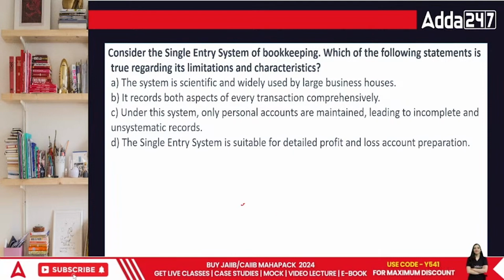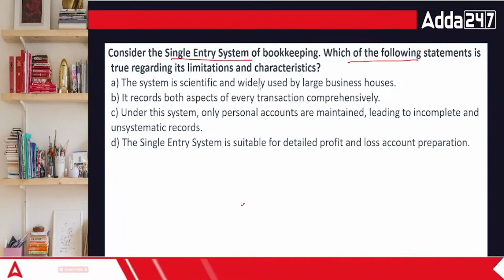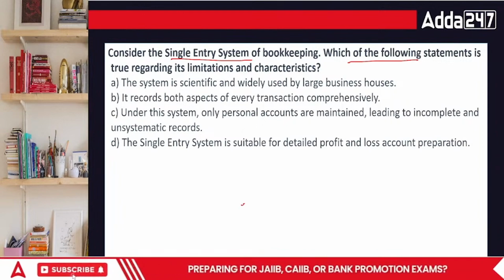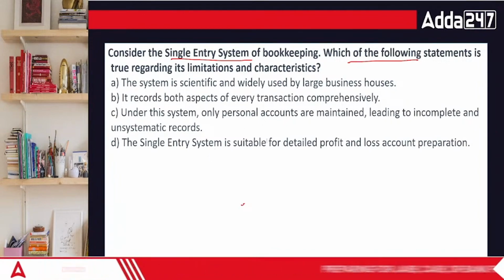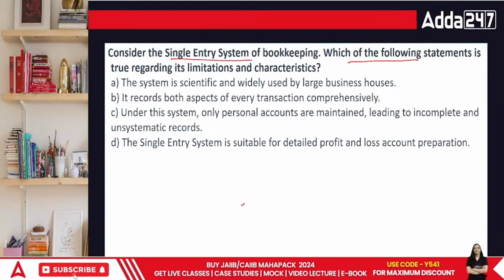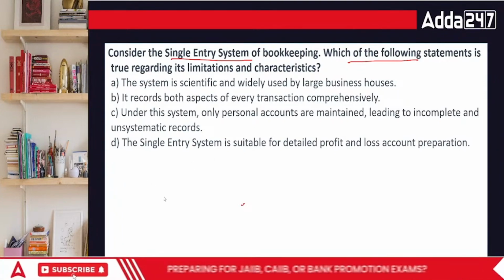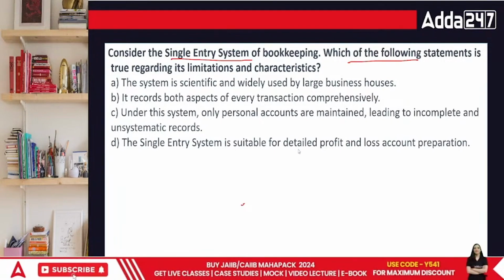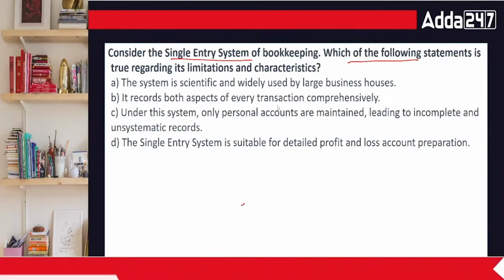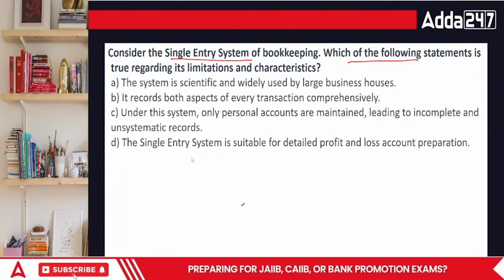Consider the single entry system of bookkeeping. Which of the following statements is true regarding the limitations and characteristics? On this topic of incomplete records, the single entry system is also known as accounts of incomplete records. Because this basically records only one aspect, it doesn't record the complete portion.